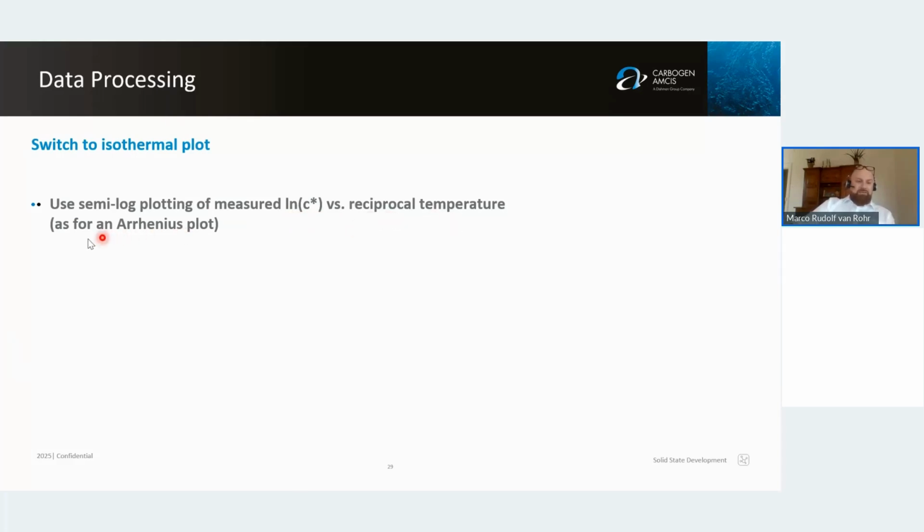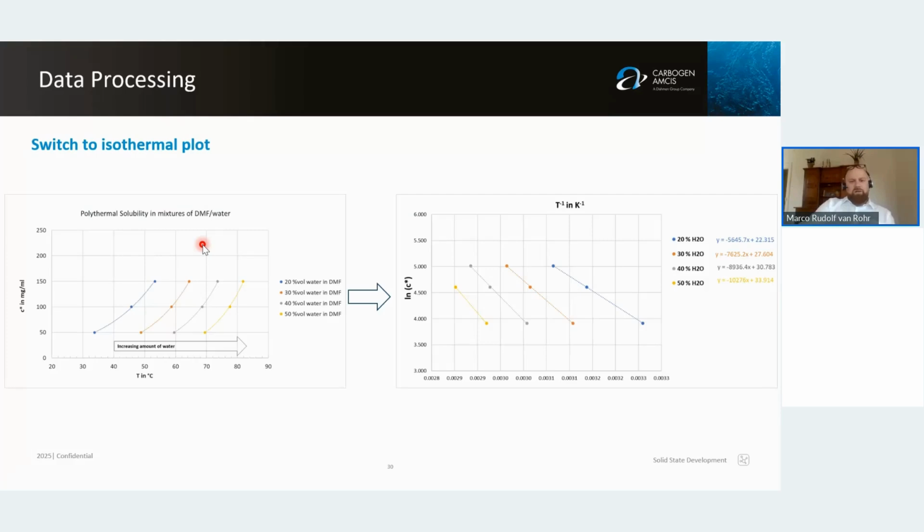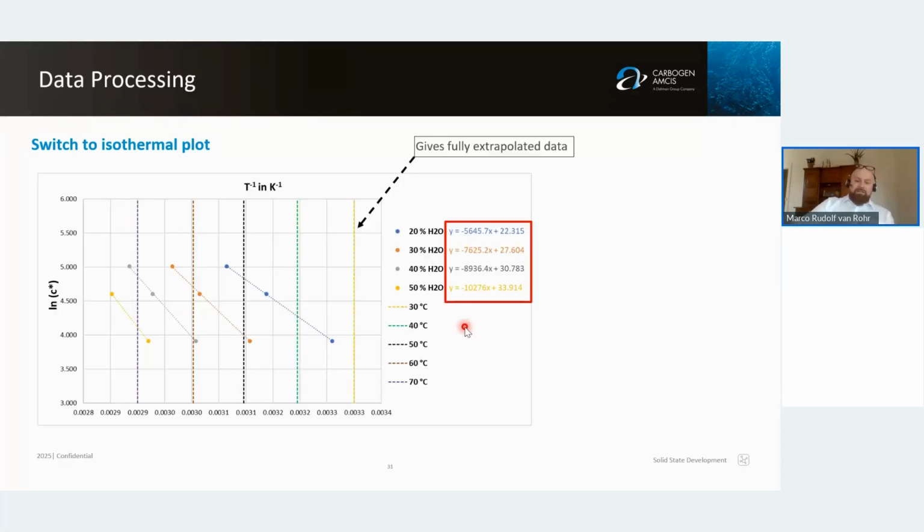This is exactly as what we would do for an Arrhenius plot in physical chemistry for kinetic data. If I do this, I get linear graphs, a couple of them, for my composition. So 20%, 30%, 40%, 50%. These linear graphs will also have some regression parameters.